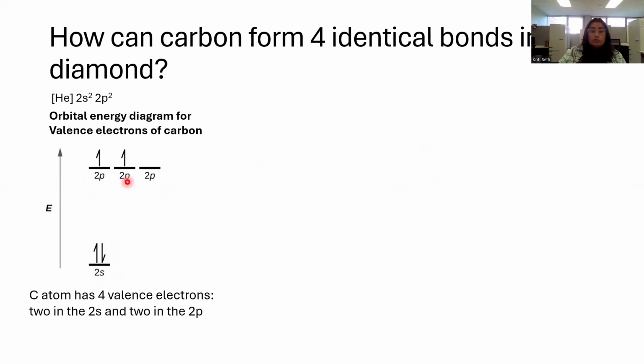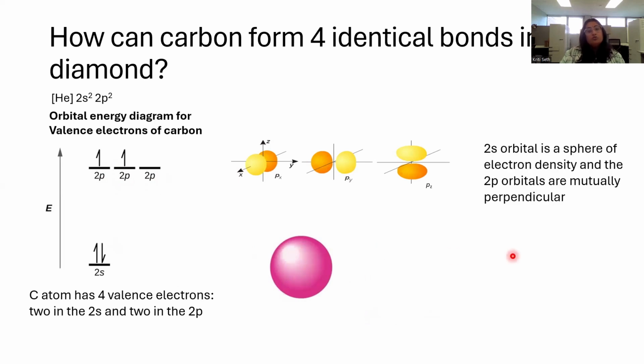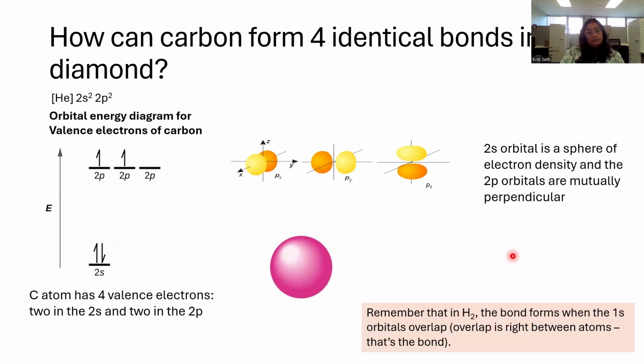And then there are 3 equal energy 2p orbitals. 2 of them have 1 electron each. Now, do you remember the shapes of these orbitals? They look something like this, right? So they're different. The 2s orbital is spherical, whereas the 3 p orbitals are mutually perpendicular.